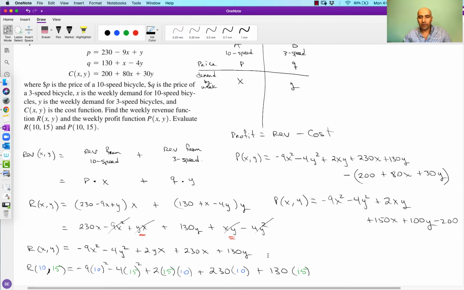And let's come back over here. For this guy, P of the same two values, is going to be using this equation.